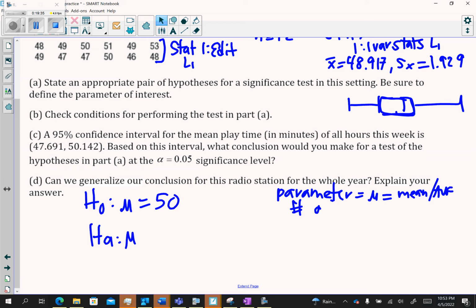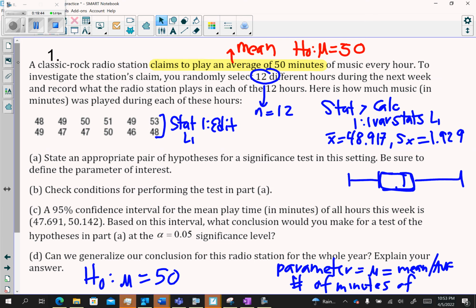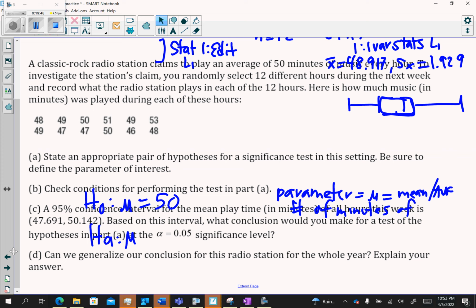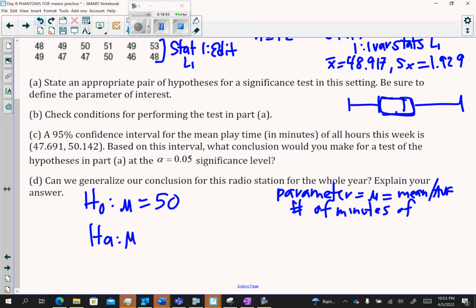And that's going to be the mean or average number of minutes of music played per hour by the radio station.